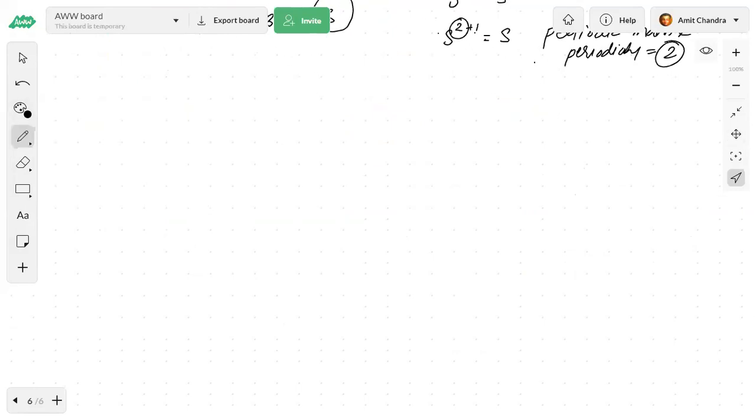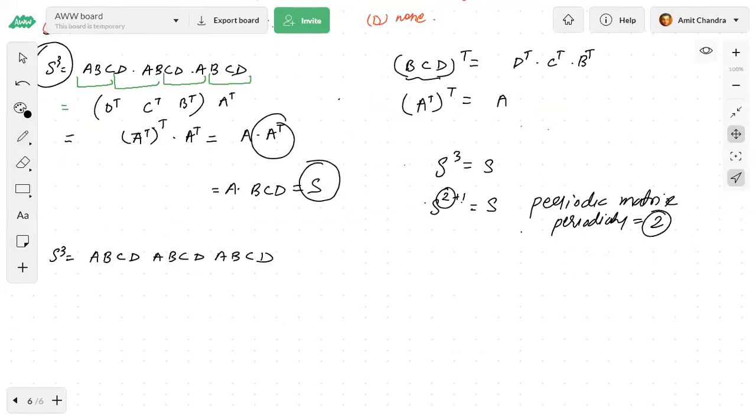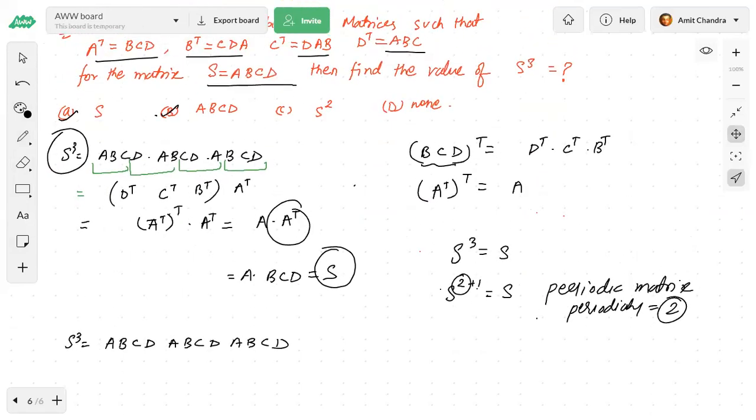Okay, so I will write S cube is equal to A, B, C, D, A, B, C, D, A, B, C, D. Okay, fine. So if this is written, now we can see in the question, D to the power t is equal to ABC and this ABC, DAB, CDA and BCD.